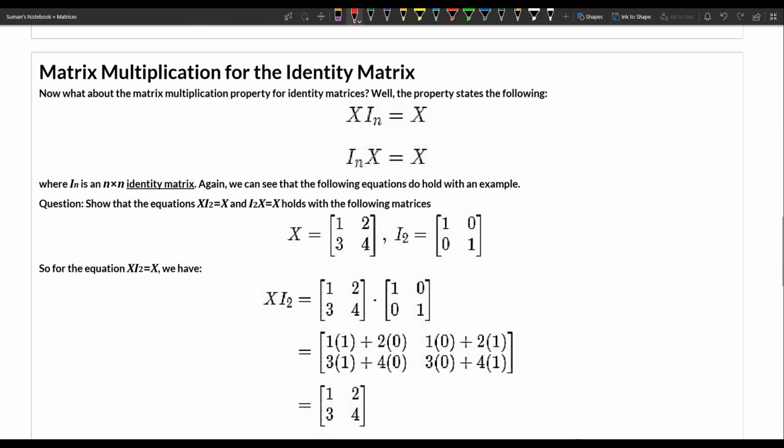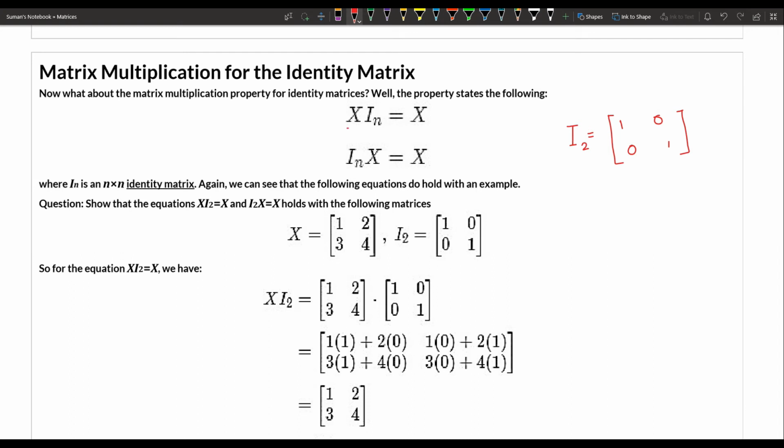So what happens when we have matrix multiplication with an identity matrix? Suppose I2, that means it is of order 2. The identity matrix looks like that, where all the diagonal elements are 1.